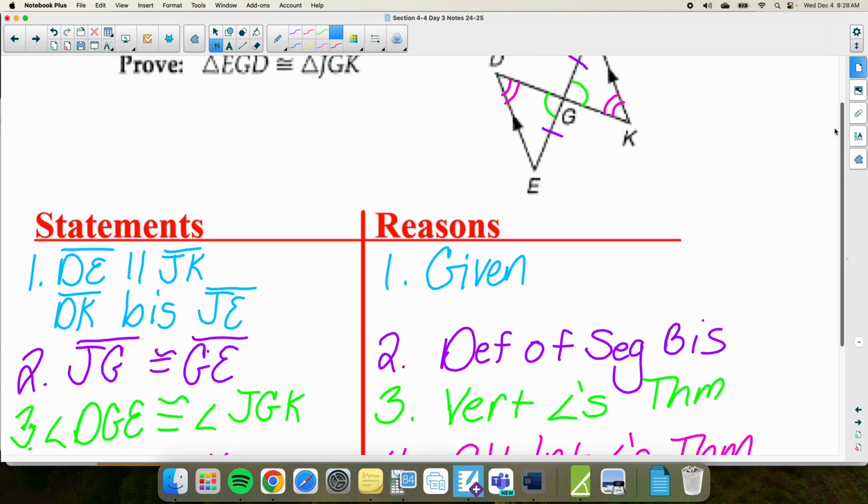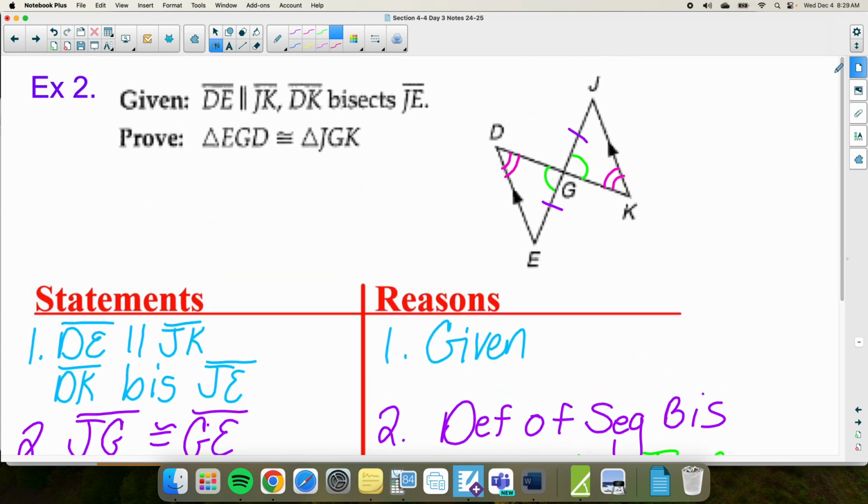Okay, then I just want to point out, say that instead you didn't use your vertical angles and you used both sets of alternate interior angles. That would have been fine. And then it also would be angle, side, because the side is not in between.